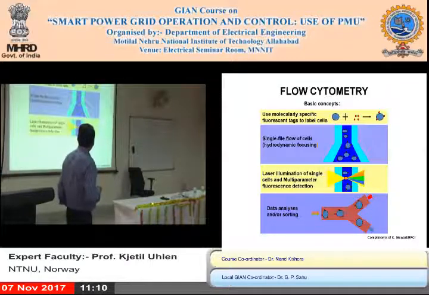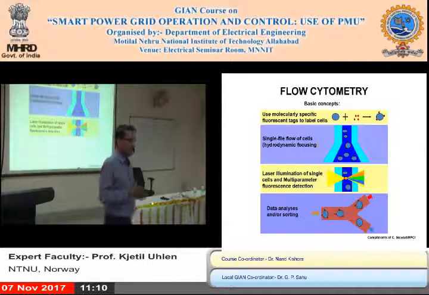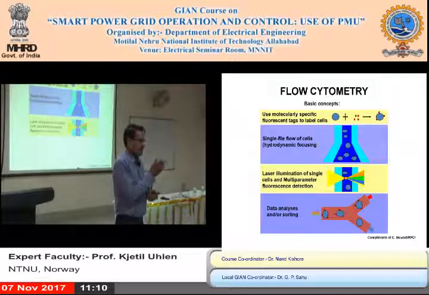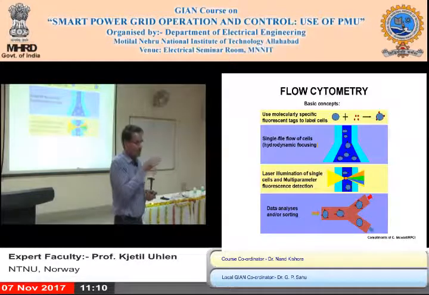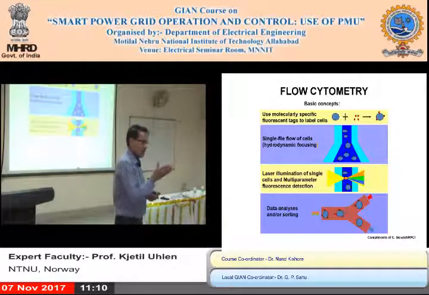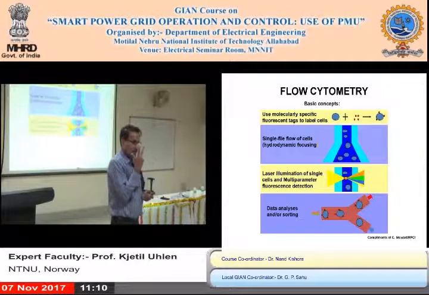You design it so you look at each cell passing through this zone individually. Then you monitor the optical response. One of them is that the light may be scattered, and scatter can be in all 4 pi directions. So you monitor a straight light coming through, and the scatter at 90 degrees. So there are two scattering parameters.